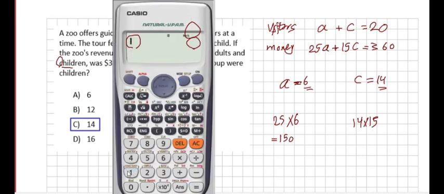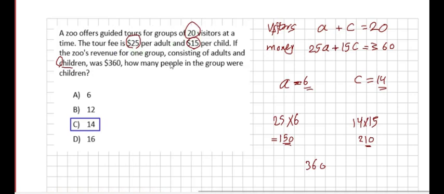So we write 15 multiplied by 14, and you get 210. When we add these two numbers together, you get 360, which is already given in the question. That is the total amount of money they collect, which is the same answer. This is how to check your answer if you are not sure.